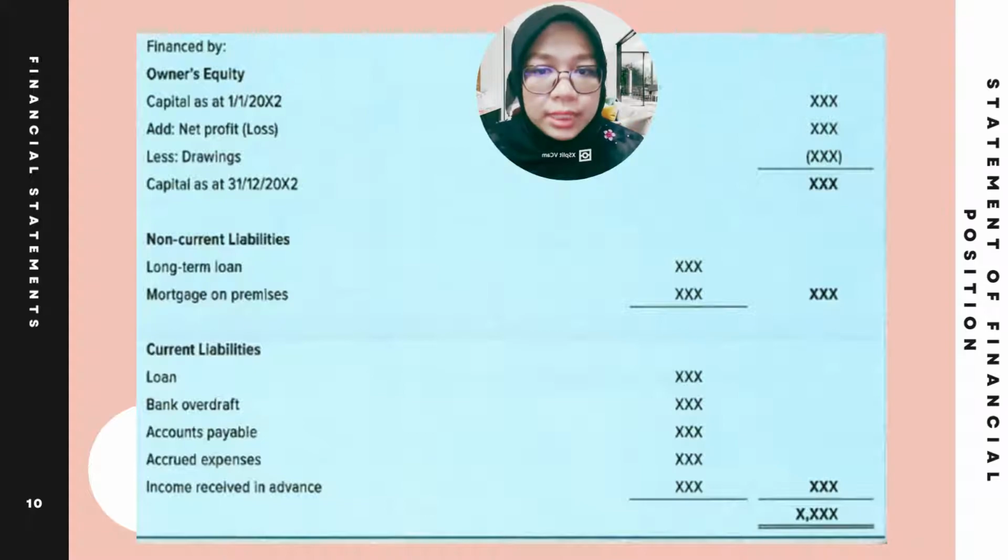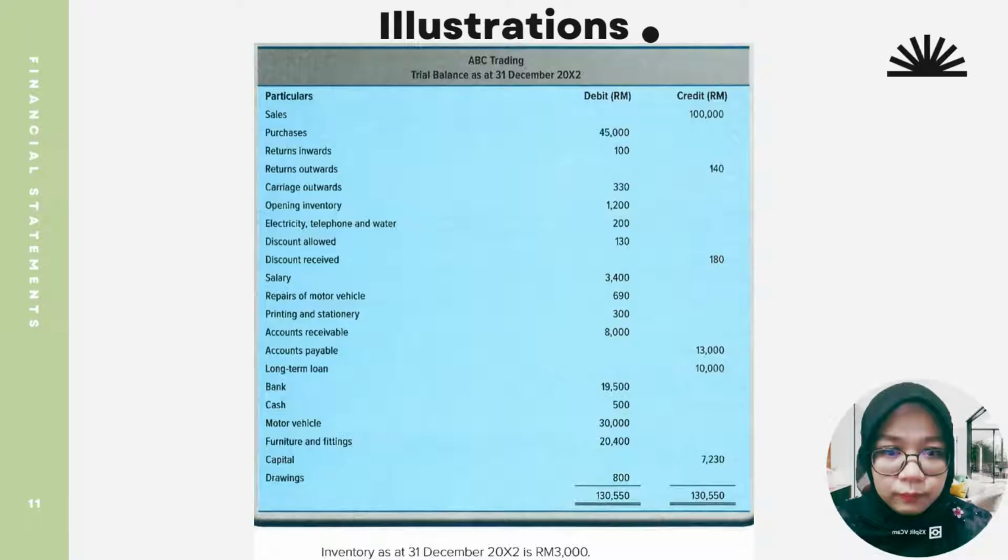Then plus any non-current liabilities and also current liabilities such as loan, bank overdraft, account payable, accrued expenses, and income received in advance. You will learn these two next week.